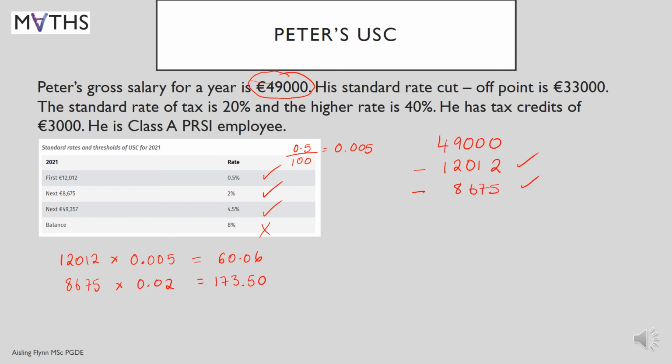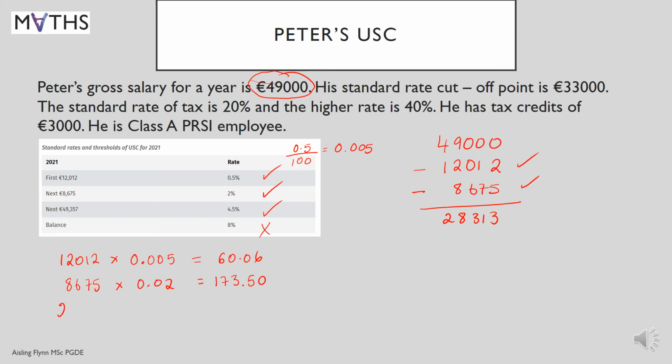On your calculator just subtract those two figures from 49,000, and what remains, €28,313, remains to be taxed.